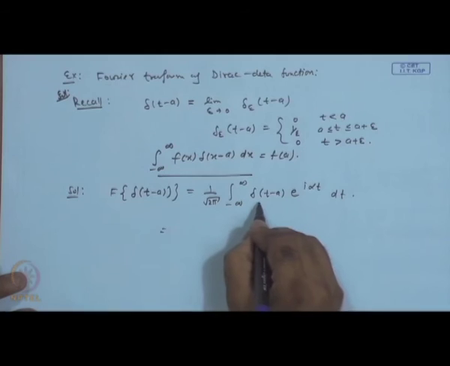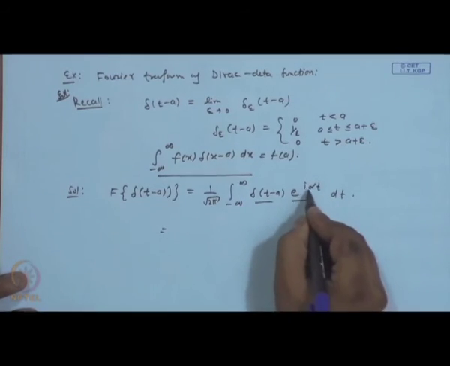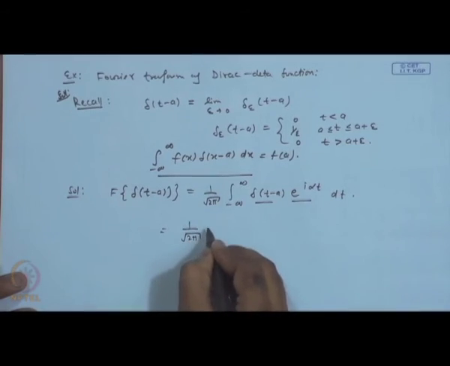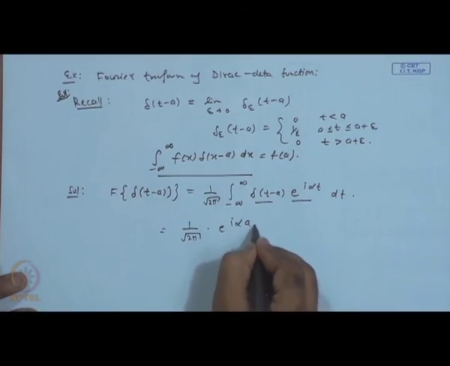This will give us the function value, so that's e power I alpha a, so 1 over square root 2 pi and e power I alpha a.